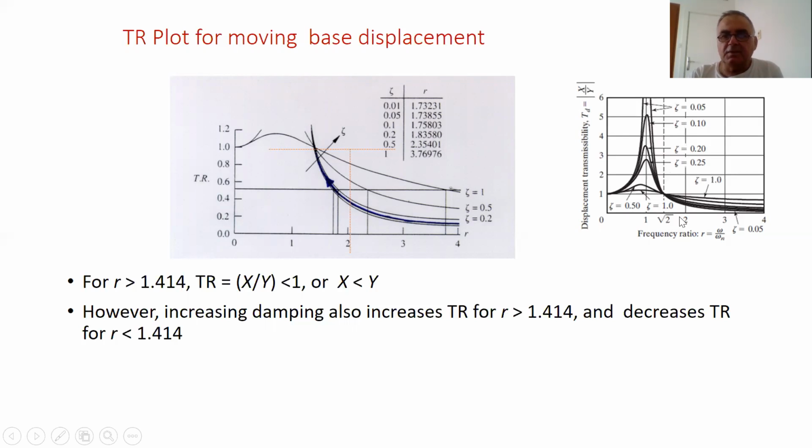So the ideal place to reduce the transmissibility is to use higher frequencies in terms of R, and then use as little damping as possible. So we would like to be in the high frequency range in our system, and then use a low damping ratio.